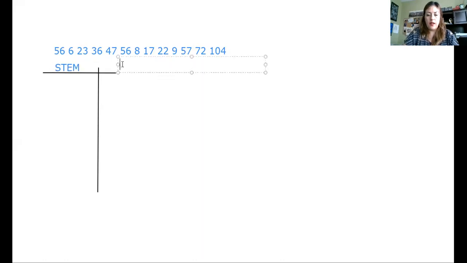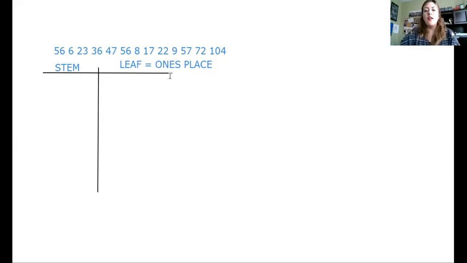Then on the right side, you're gonna put leaf. And just as a little reminder, make sure that you write the ones place, so that you remember that all of the ones place will be under the leaf side.